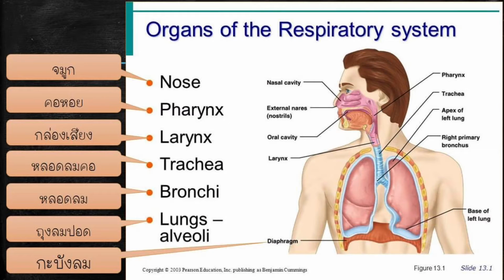Before we learn about the respiratory system, we have to know about the organs of the respiratory system.